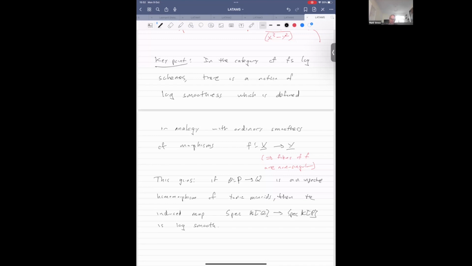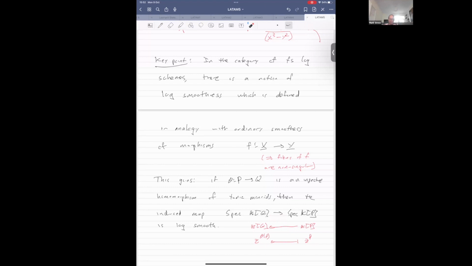Here, of course, we get an induced map of rings. How does that map of rings go? K bracket P is mapped to K bracket Q just by taking Z to the P to Z to the theta of P. That induces the map of rings, and then we take spectra, so the map goes the other direction.